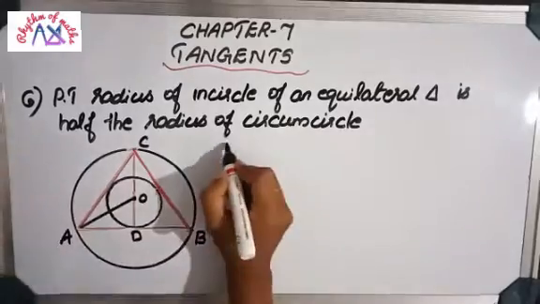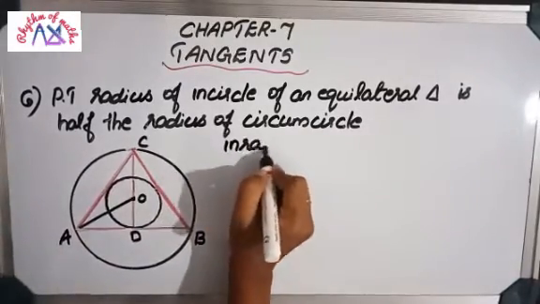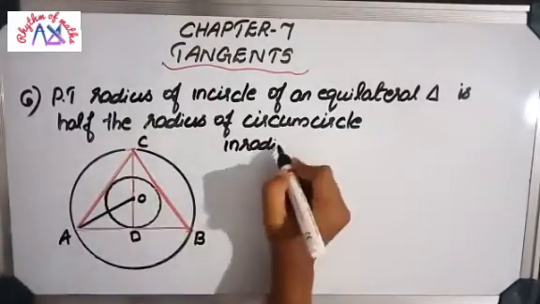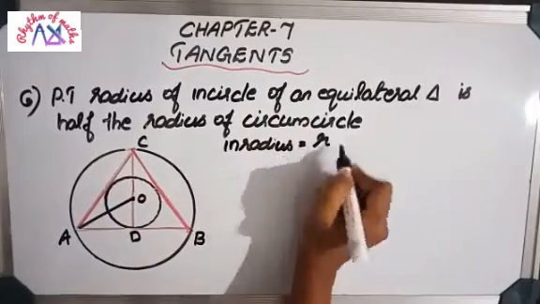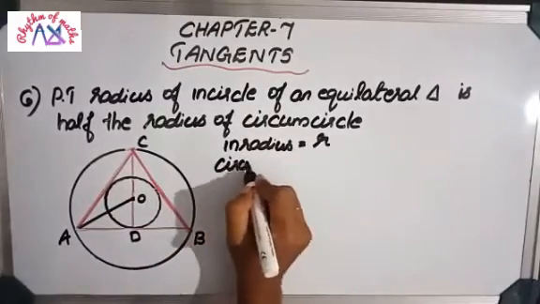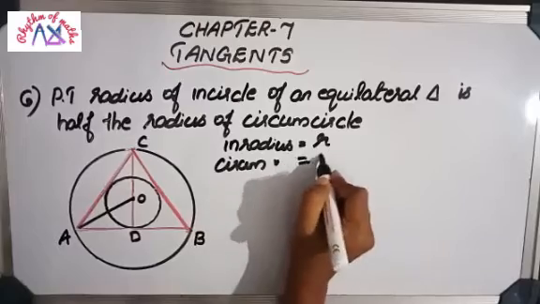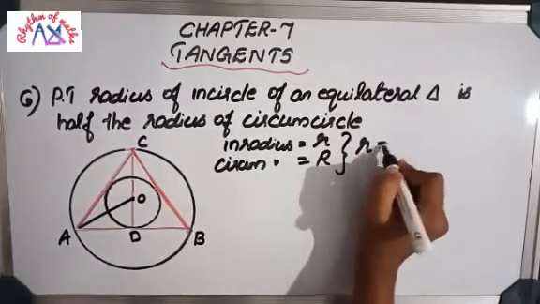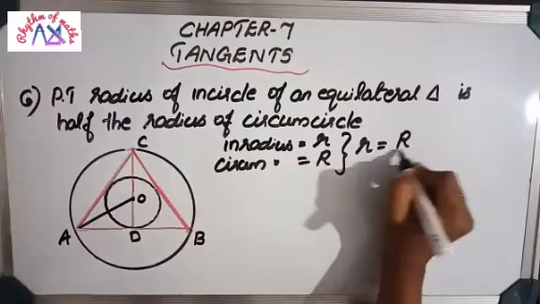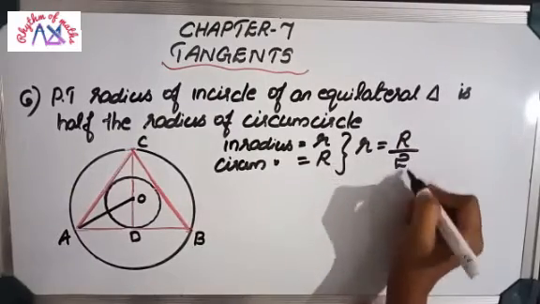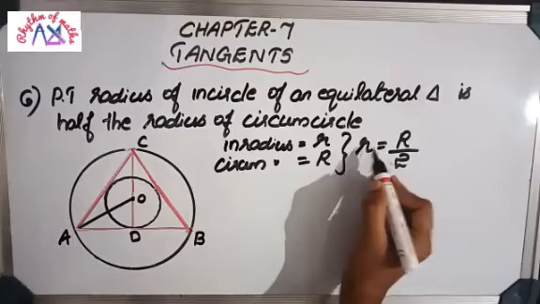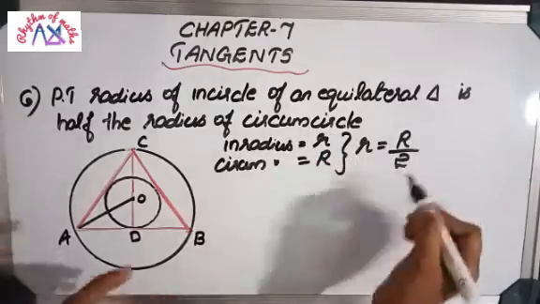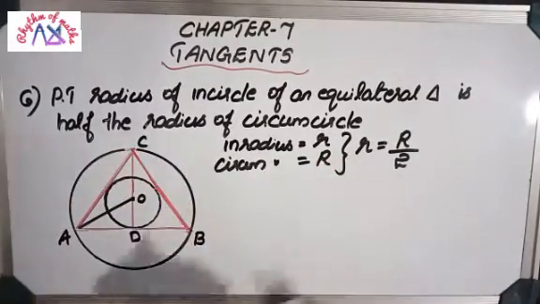So let's consider the inradius, that means the inside one, as small letter r, and the circumradius as capital letter R. We need to prove r equal to half of capital R, that is R by 2. This is what we need to prove.